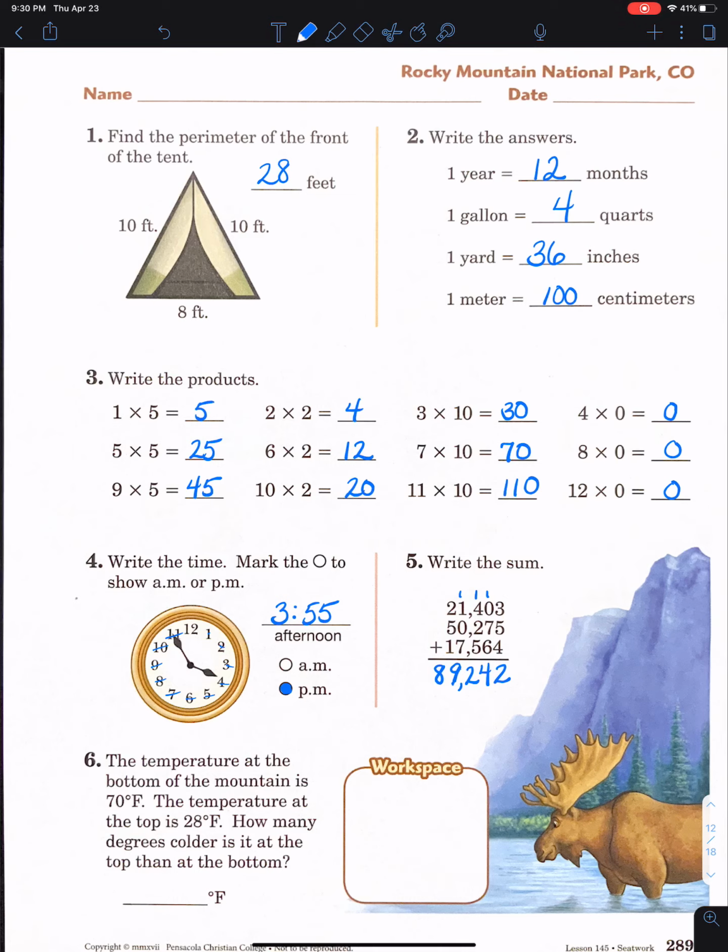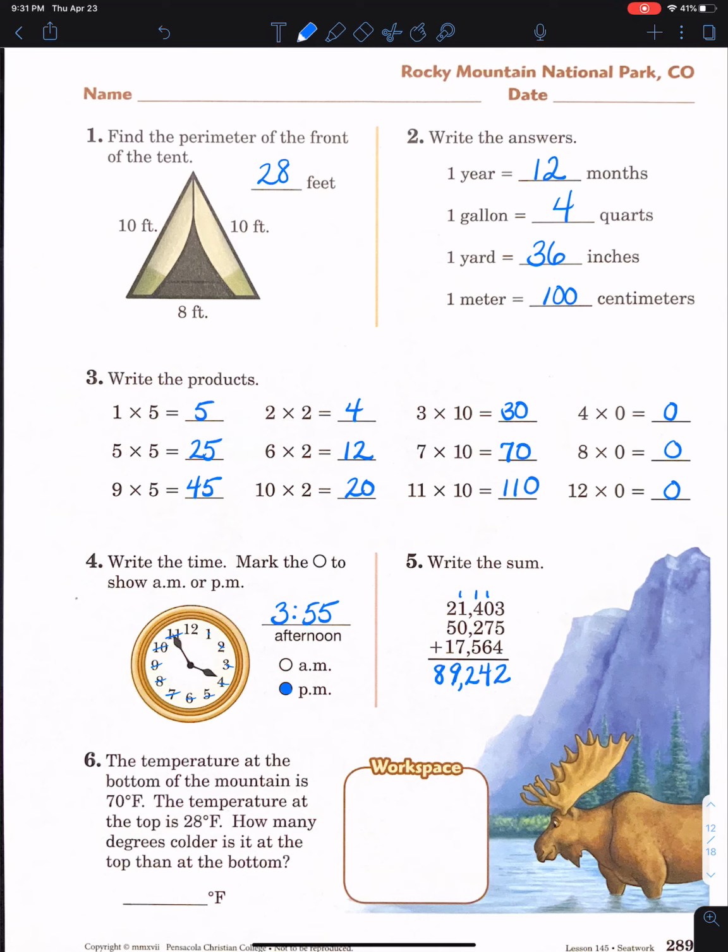Number 6, the temperature at the bottom of the mountain is 70 degrees Fahrenheit. The temperature at the top is 28 degrees Fahrenheit. How many degrees colder is it at the top than at the bottom? How many degrees colder than? Okay, so these words, when you hear like colder than, think subtraction, because we're comparing two things and we're trying to find the difference between the two.